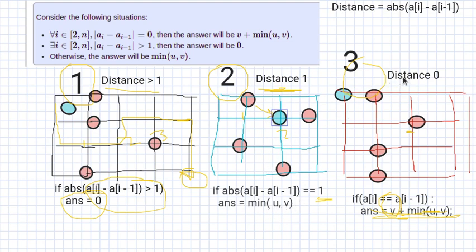Okay, the next case is when the distance is 0, when one row is placed above the other. In that case, as we already discussed, we at least need 2 displacements, one towards the right, which is mandatory, and then either another to the right, upward or downward, or a horizontal displacement.